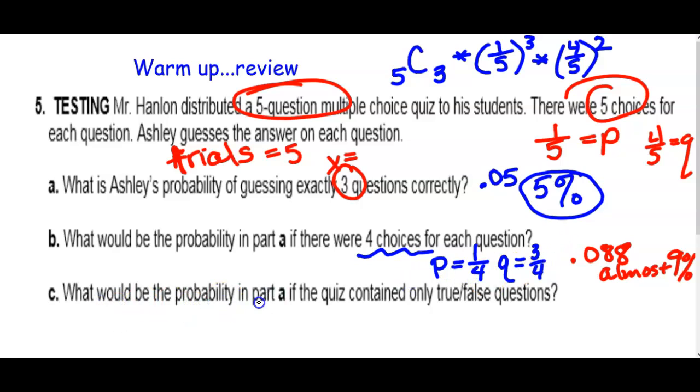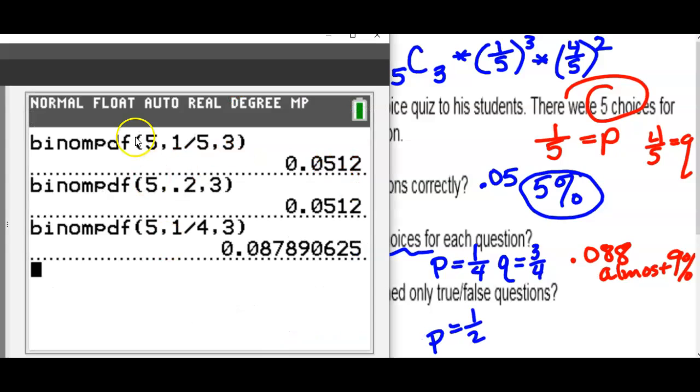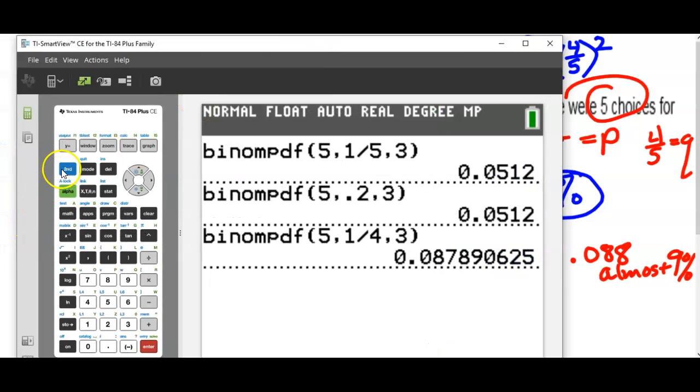Okay, what would be the probability in part A if the quiz contained only true-false questions? Okay, so she still wants to get 3 right out of 5, but this time it's only true-false. So this time our probability is 1/2 for success and 1/2 for failure. So I'm going to do my little shortcut this time and go second enter.